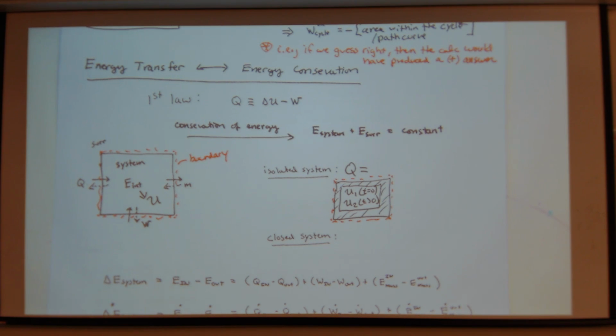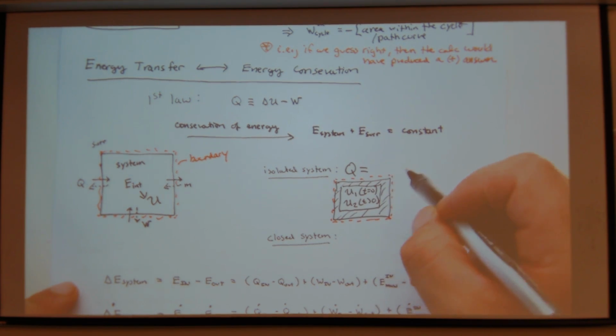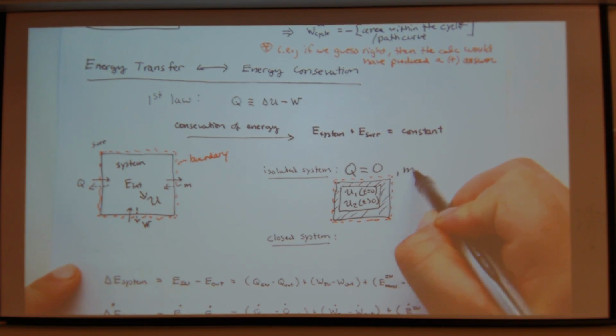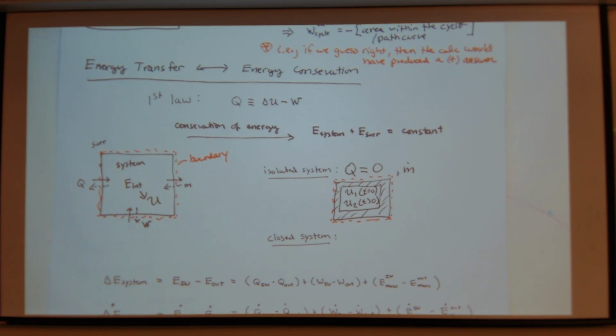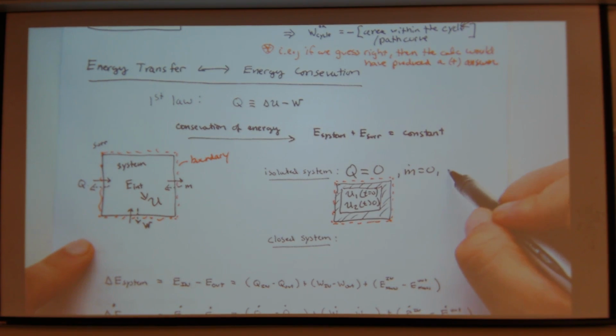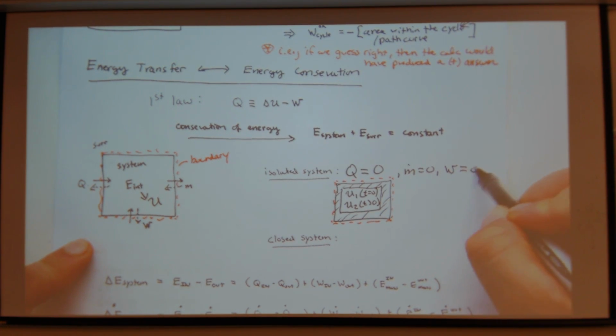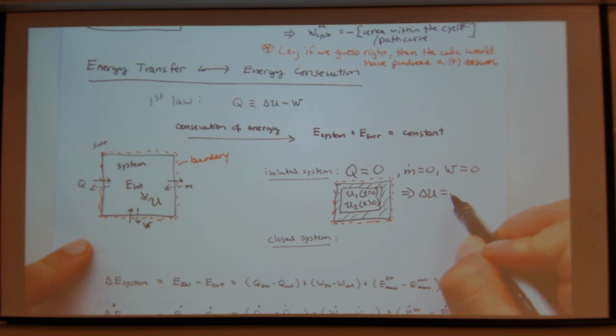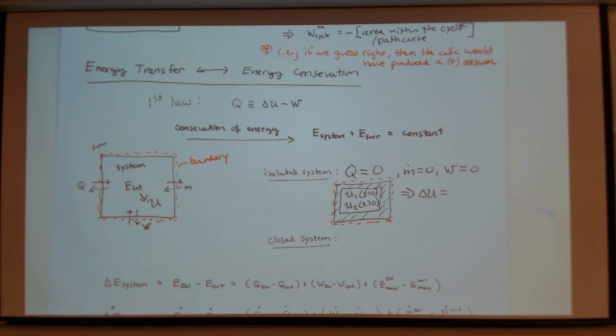But I have my system. So if it's an isolated system, Q equals what? How about the rate of mass transfer? 0. How about work? 0. So that means that delta U equals 0.